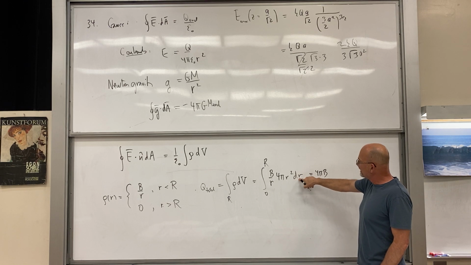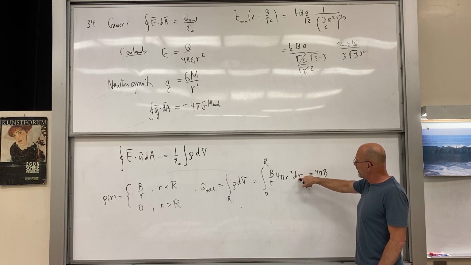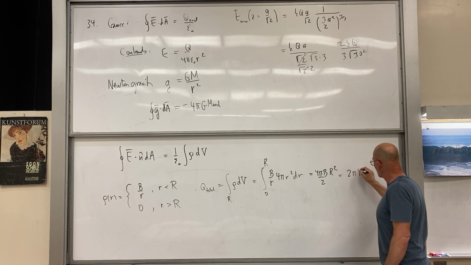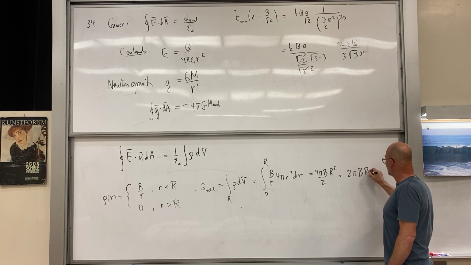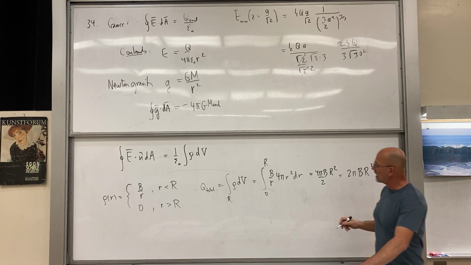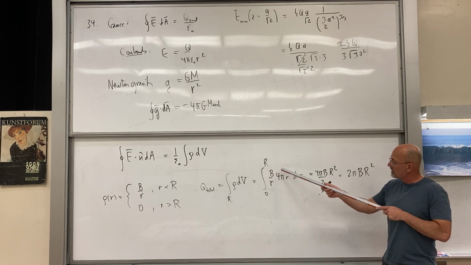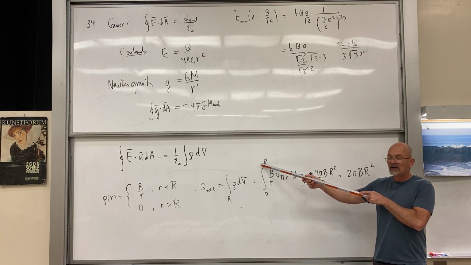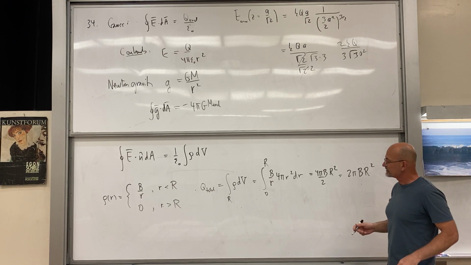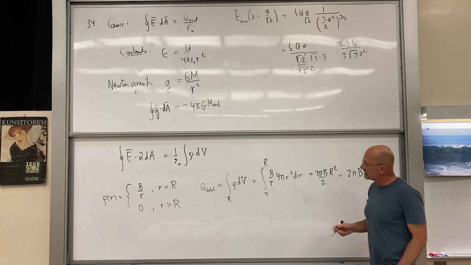The integral of that is r squared over 2, 0 to R, so we end up with 2 pi B R squared. Okay. So that's the total charge, and if we want the charge inside of a volume lowercase r, we just replace the uppercase R by a lowercase r.